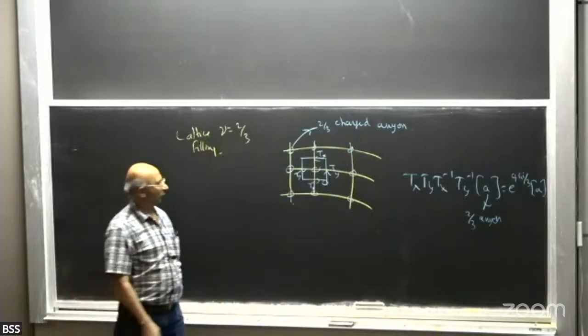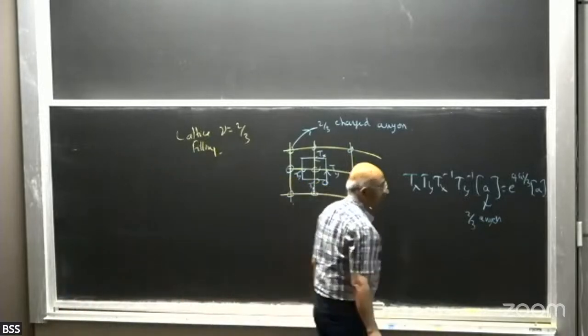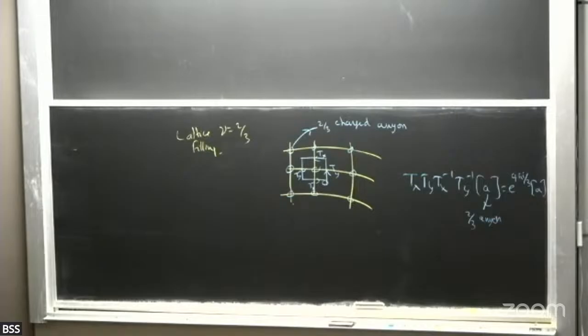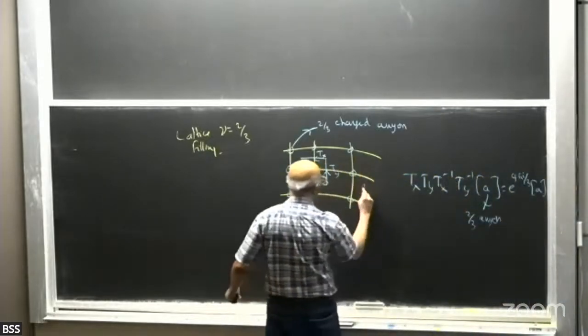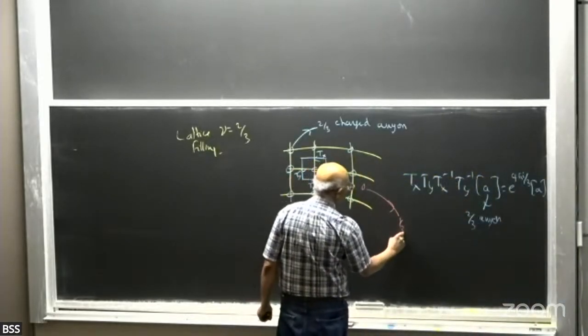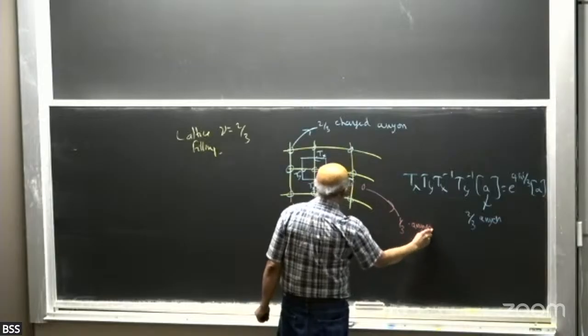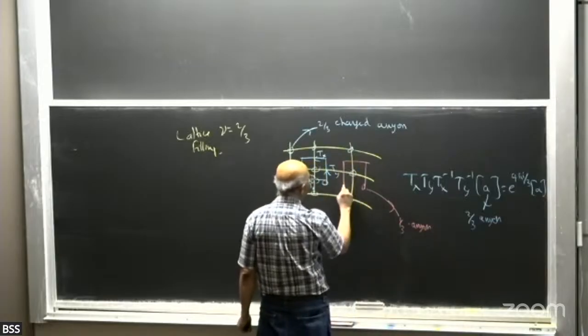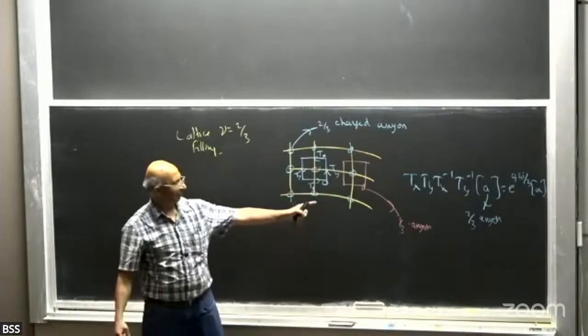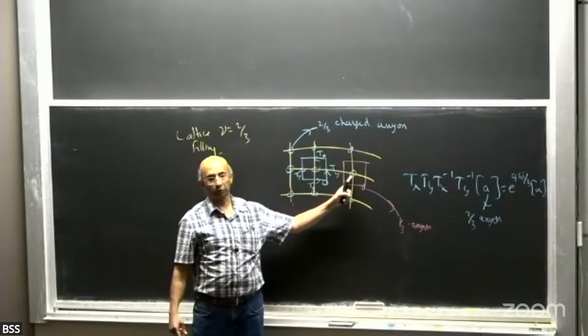And likewise, if I take the 1/3 charged Anyon, I'll have a similar effect. I do the same thing again. Now I have a braiding of the 1/3 Anyon with the background 2/3 Anyon.